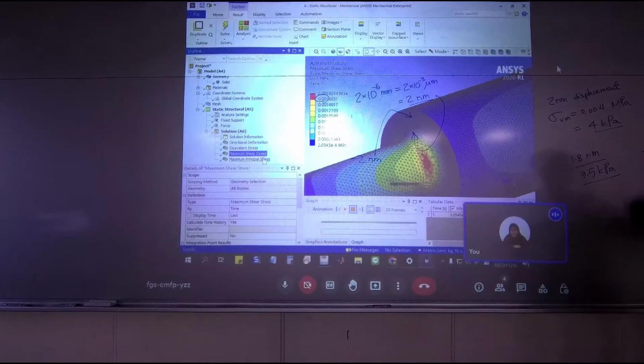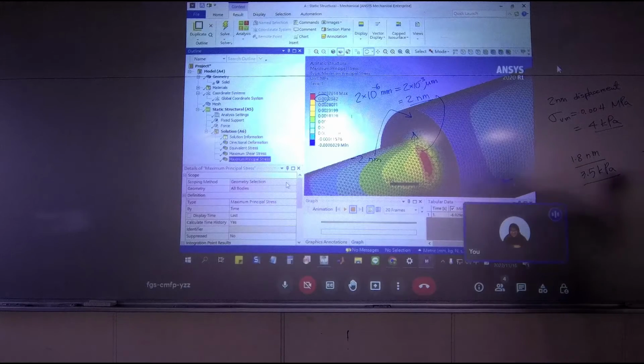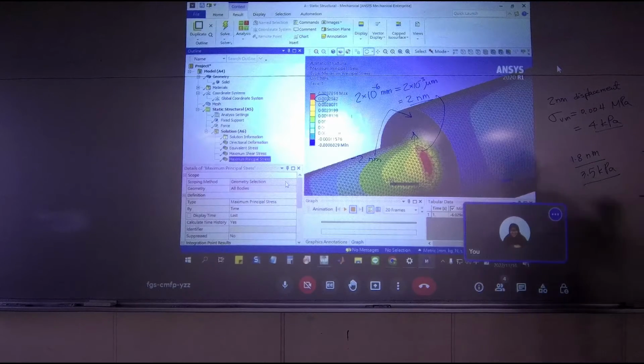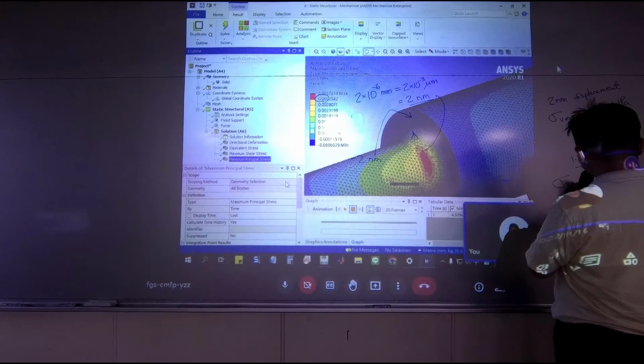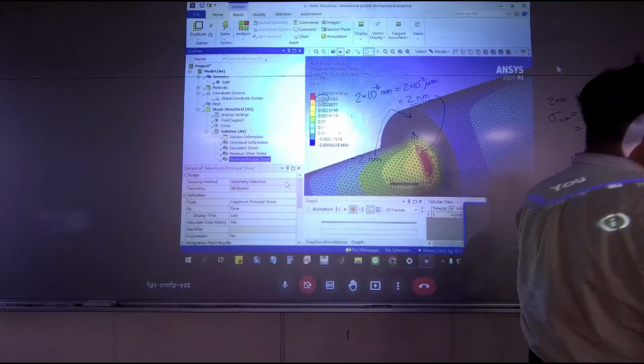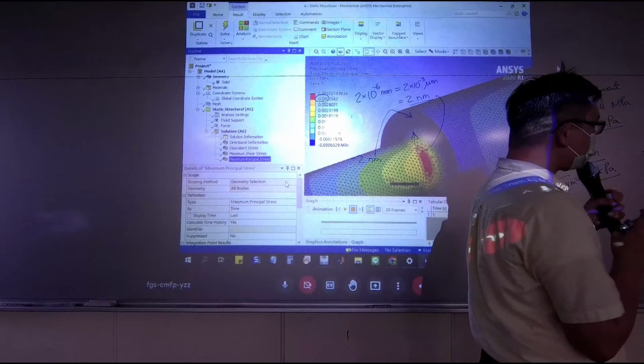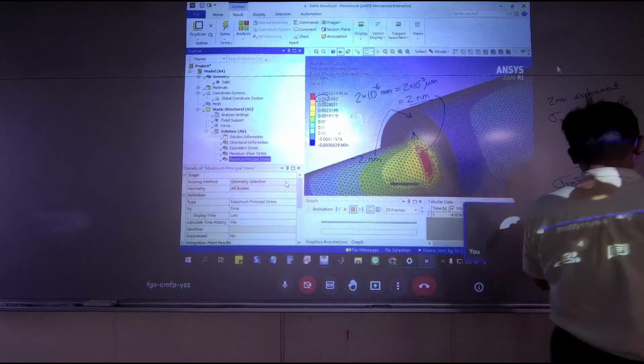Yes, and that's the maximum principal. So this is the maximum principal. It should be, okay, 3.8 kilopascal. And this is von Mises. Now we can take a look at every model we have learned.